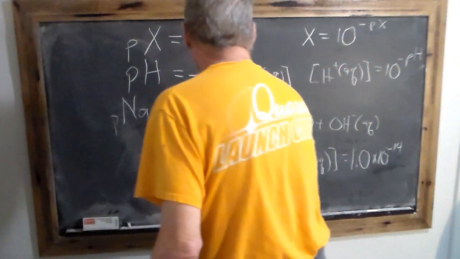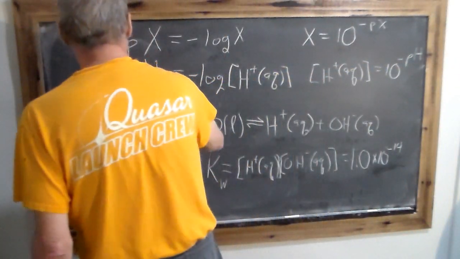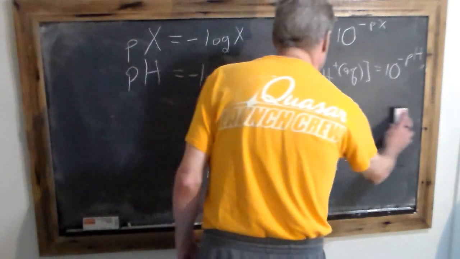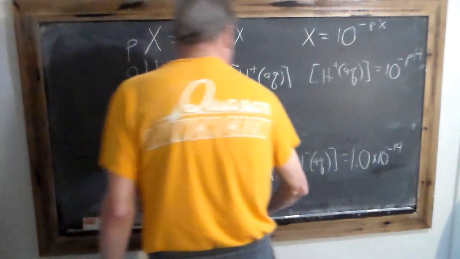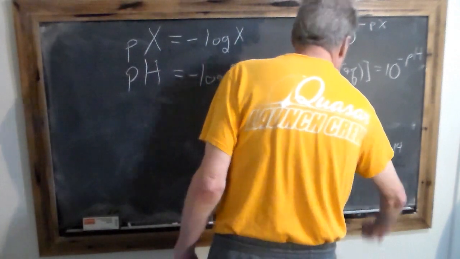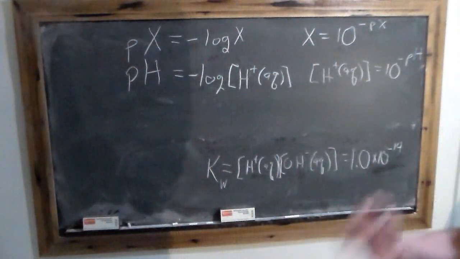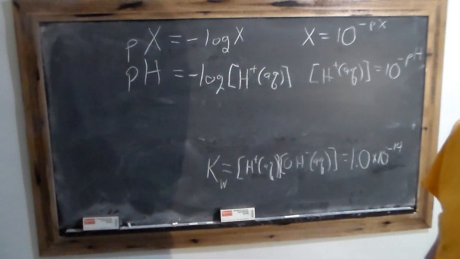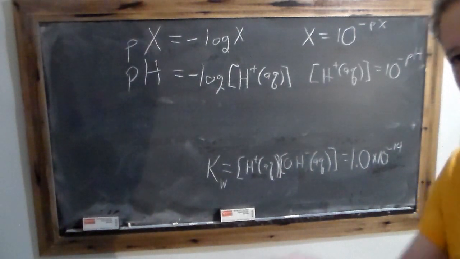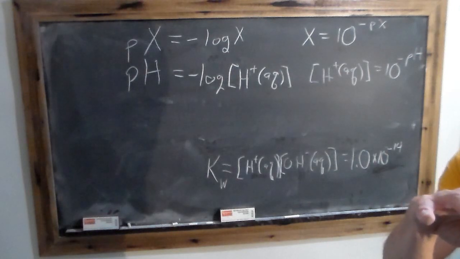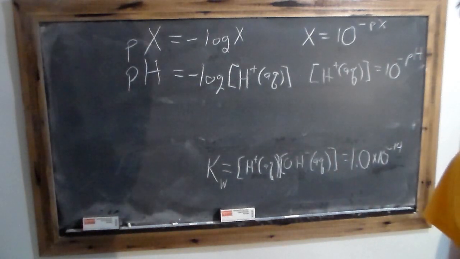Okay, so let's do one example first of all. Let's talk about a neutral solution. I told you this. In an acid you have excess hydronium ions, in a base you have excess hydroxide ions.